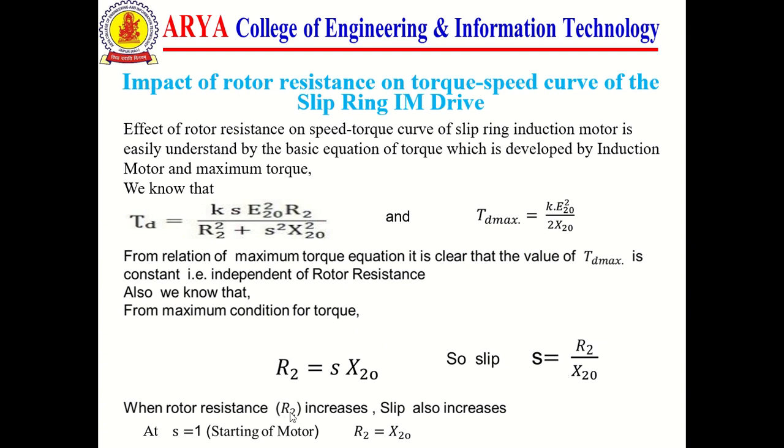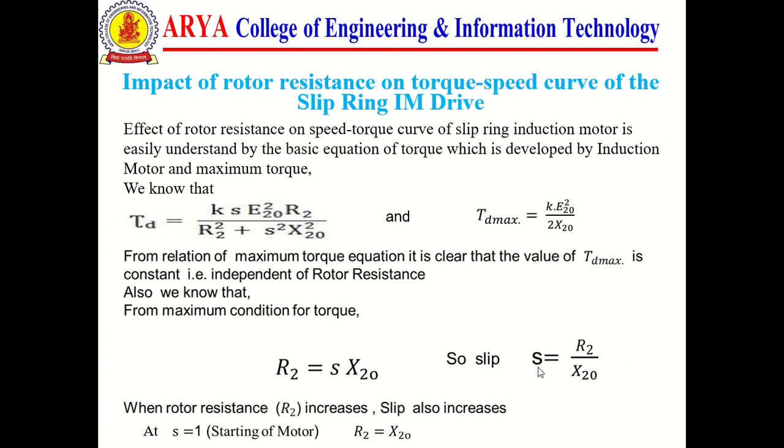When rotor resistance R2 increases, from this relation we can easily see that slip also increases, because slip of the motor is directly proportional to the rotor resistance. So if there is any change in rotor resistance, you first see the impact on slip.